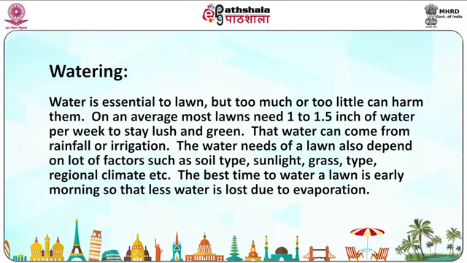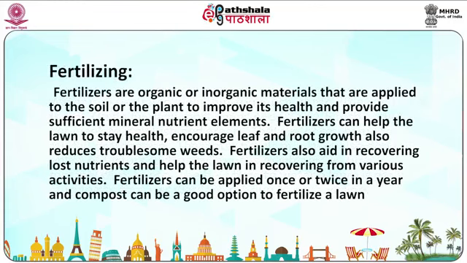The water needs of a lawn also depend upon a lot of factors such as soil type, sunlight, grass type, regional climate, etc. The best time to water a lawn is early morning, so that less water is lost due to evaporation.